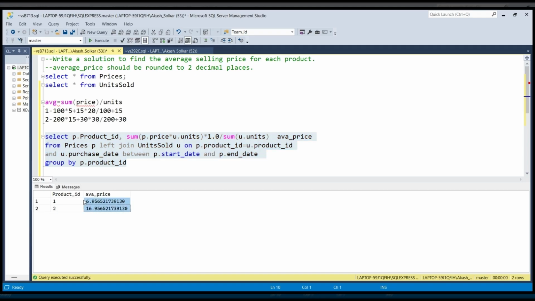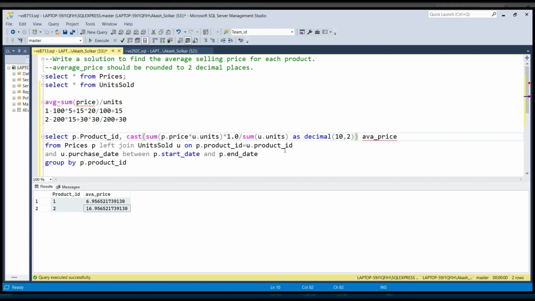Now the question says the price should be rounded to two decimal places. For rounding you can use the built-in round function, but now I am going to use the cast function, which is basically used to change the data type of any column. So cast as decimal 10, 2, and we are converting the average price.